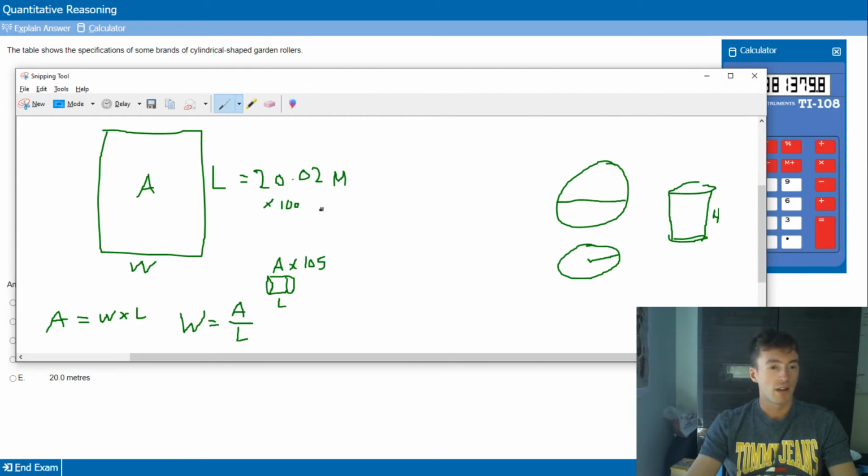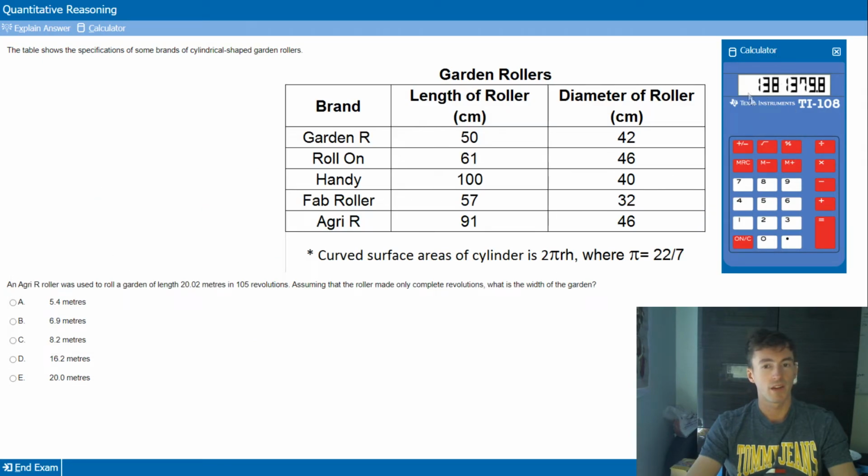If you can do that in your head, that's great. It's 2002 centimeters. If not, and you're thinking, oh no, I don't want to lose this number, you can use the memory store function here to store this number, then clear it, and then we do our 20.02 times by 100 gives us 2002, and then you times that by the number we had earlier.